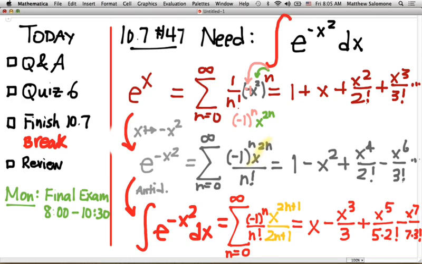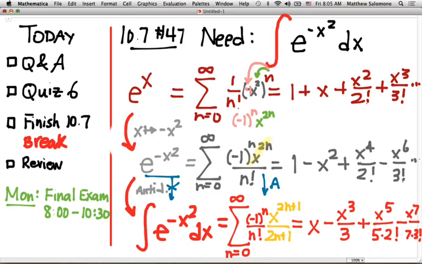Again, this is the great thing about power series. This is the sales pitch: the antiderivative that we just did was really the first antiderivative that you ever learned how to do in calculus, the antiderivative of a power of x. Nothing could be more straightforward as far as antiderivatives go. But trying to do the antiderivative of e to the minus x squared as the whole function over here, not only is that difficult, it's impossible to do analytically.